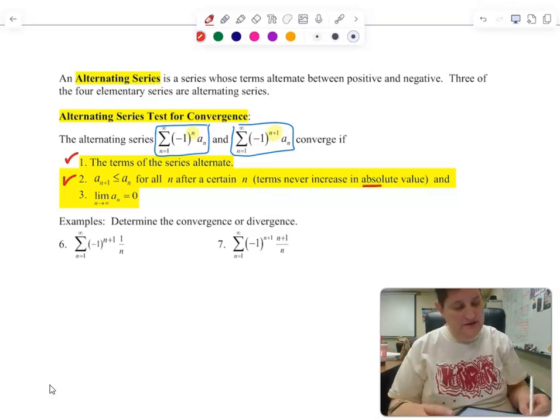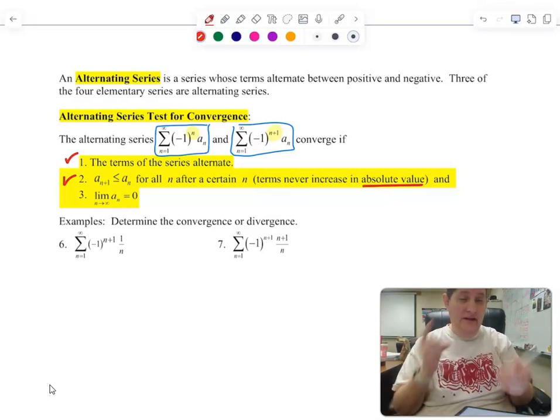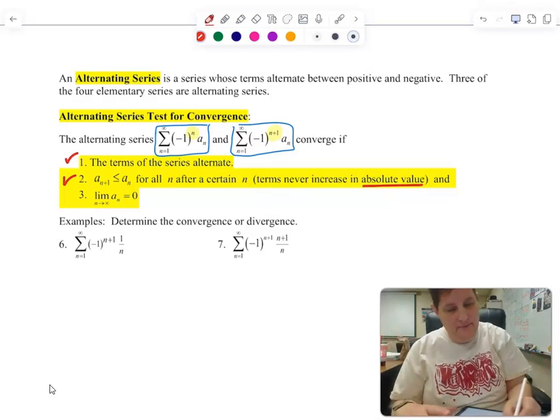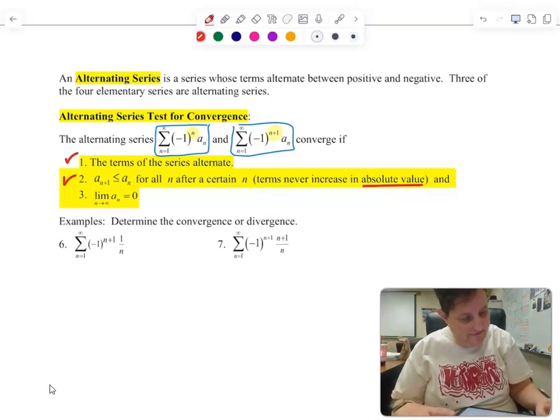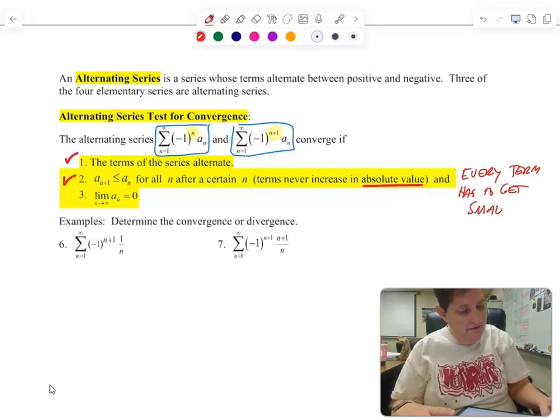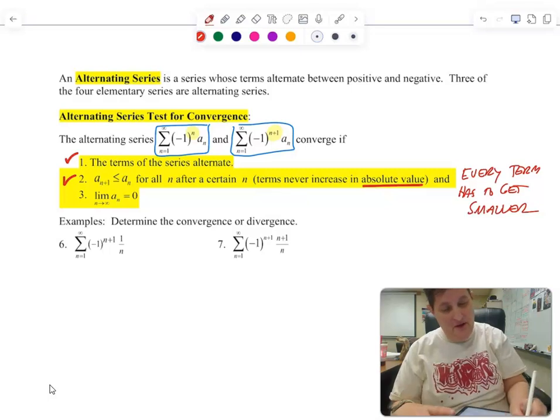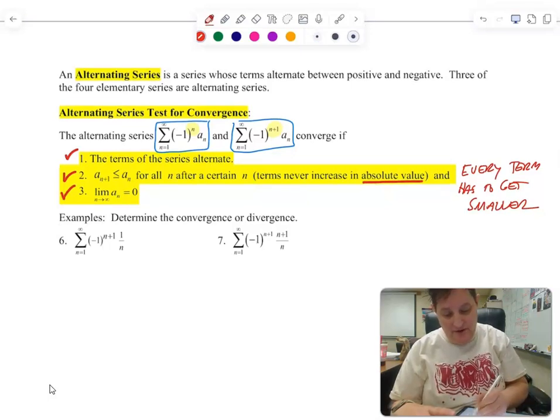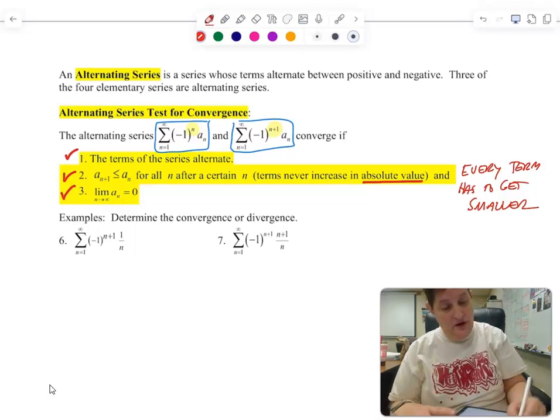The reason it says absolute value is because you're going to have positive and negative terms, so ignore the signs, and basically every term has to get smaller. Let's make sure that they get smaller every time. And then the last one, the limit as n approaches infinity of a sub n equals 0.